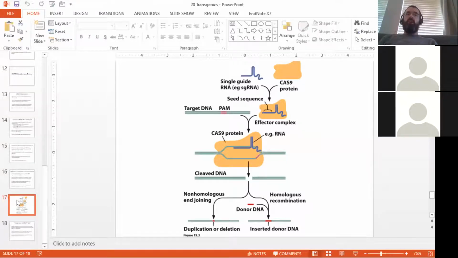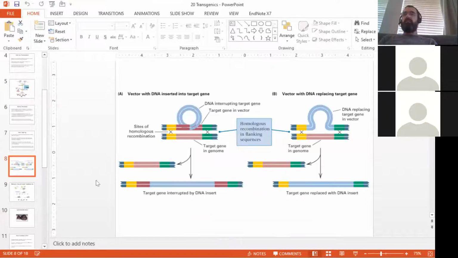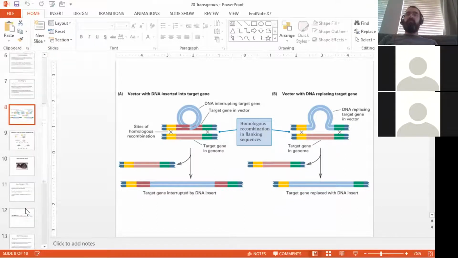And so basically when you create that double-stranded break, right? This isn't a great image, but it will serve the purpose. The cell repair mechanisms will kick in, and it will go through the homologous recombination repair side. And what that then does is it will swap out the broken bit, the bit that you've created the break in, and it will swap in your modified piece of DNA.